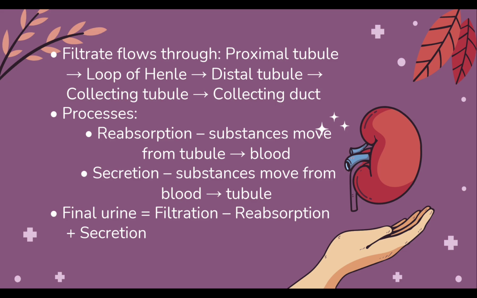When the filtrate flows through this pathway, two processes mainly happen: reabsorption and secretion. In reabsorption, substances move from the tubule to the blood. In secretion, substances move from the blood to the tubule. So the final urine output is composed of filtration, minus reabsorption, plus secretion.